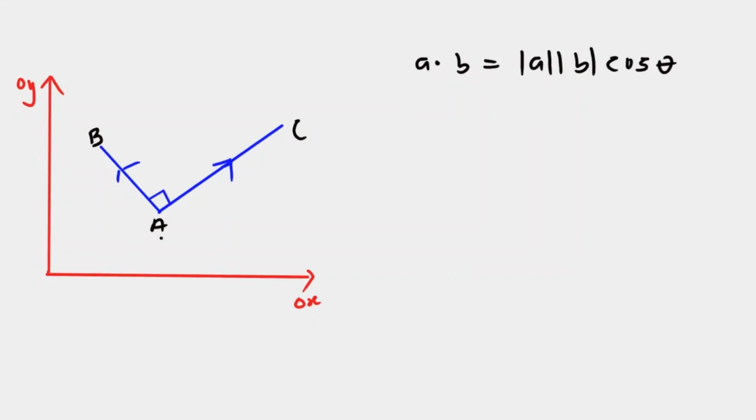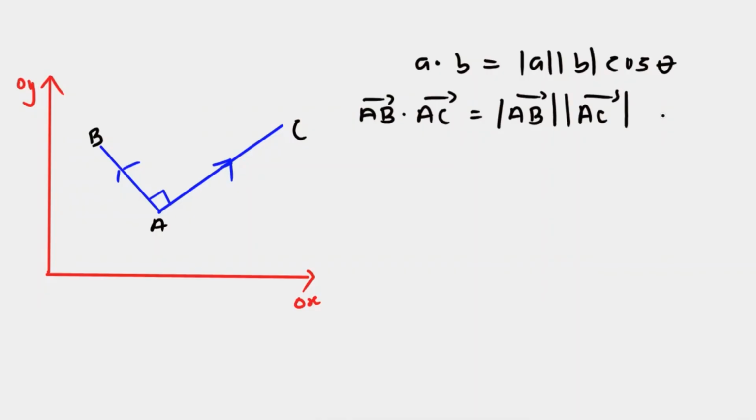Now, let's come to these two vectors, the vector AB and vector AC. If you want to find the dot product of the vector AB and that of vector AC, we have to find the magnitude of vector AB, then we multiply by the magnitude of vector AC, and now we multiply by the cosine of the angle between the two vectors. Now, in this case, the angle is 90 degrees.